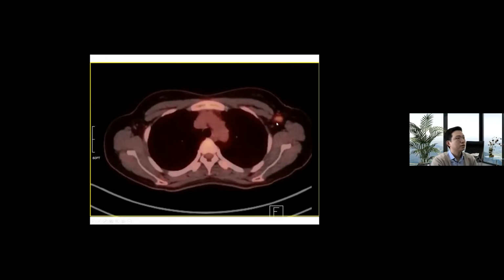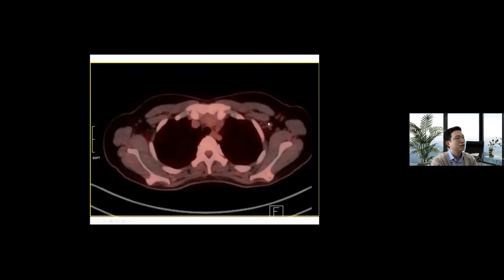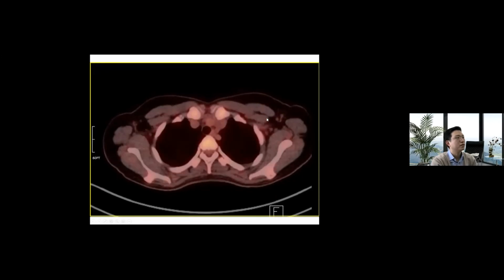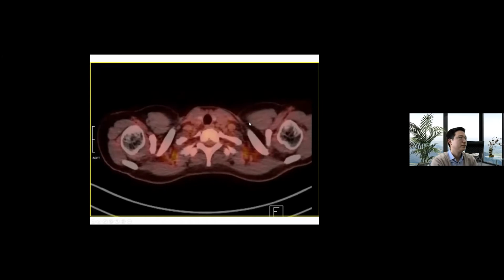And also there is a level 1 lymph node, an enlarged lymph node with increased FDG uptake, suspicious for lymph node metastasis. There's another one, but still level 1 because there is a pectoralis minor muscle and nothing else in level 2 or level 3.